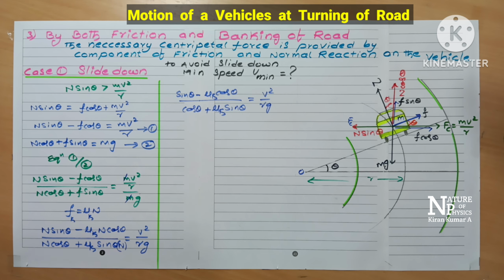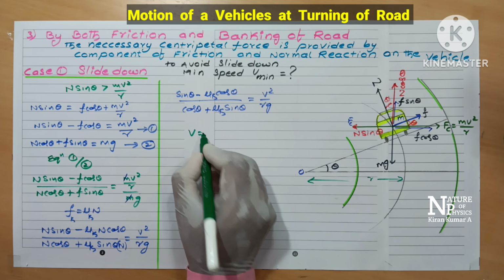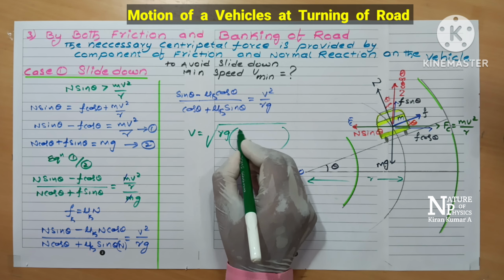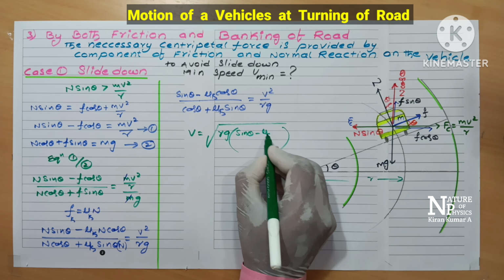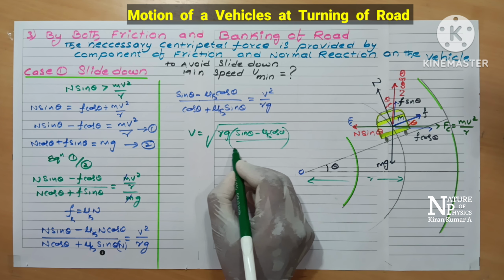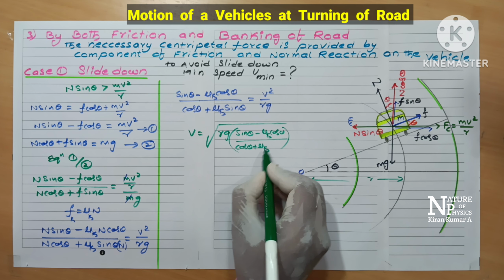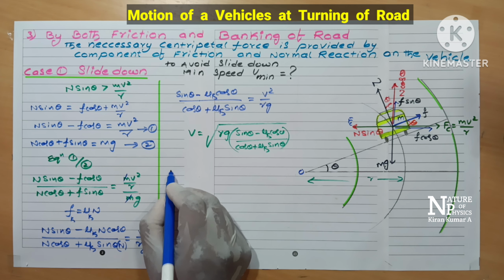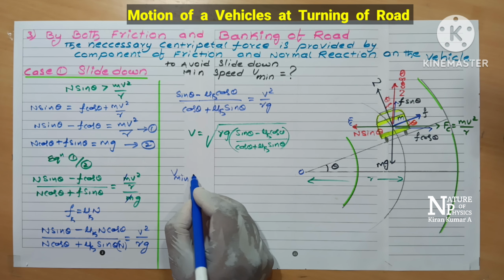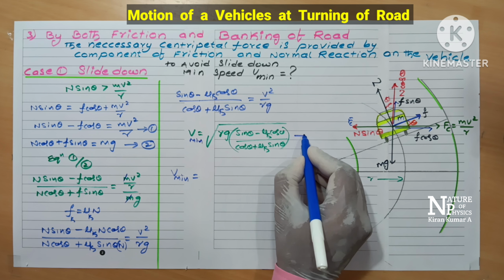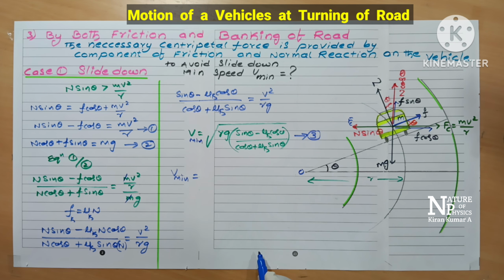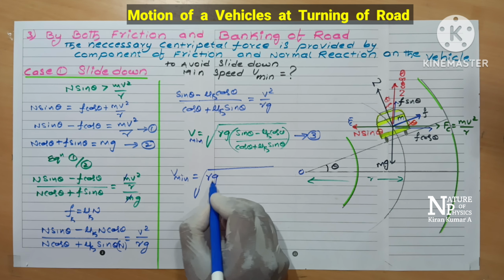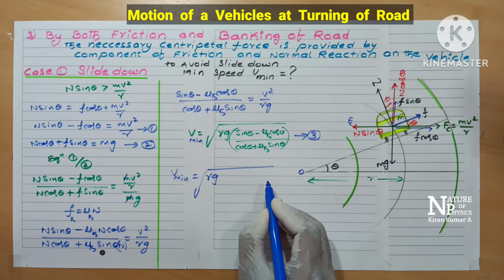So the velocity v is equal to root over g r into sin theta minus mu k cos theta divided by cos theta plus mu k sin theta. So the minimum velocity v minimum is equal to this, which I can write as equation number 3. That is the first equation I got. Next, the second, modified equation: dividing the numerator and denominator by cos theta.